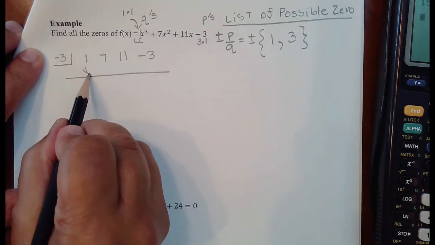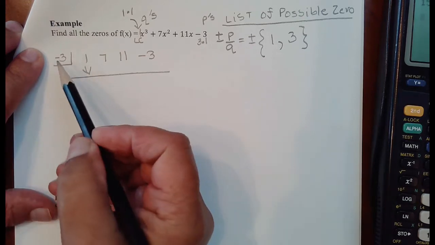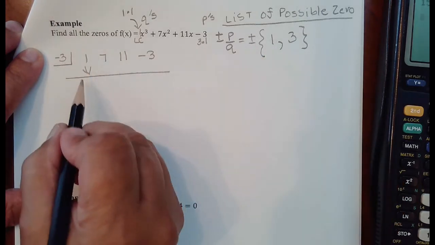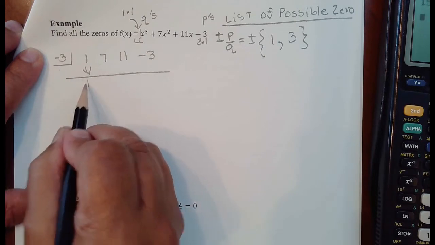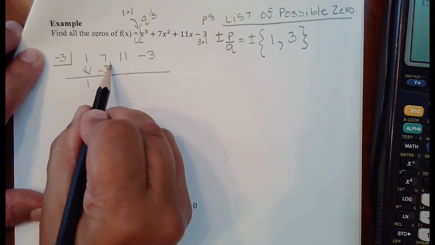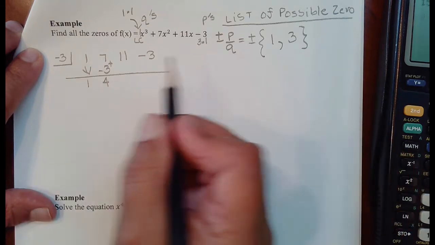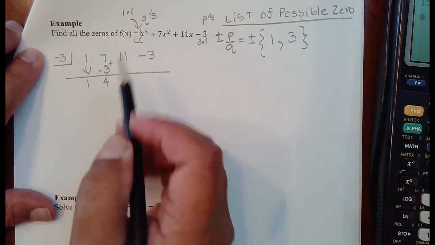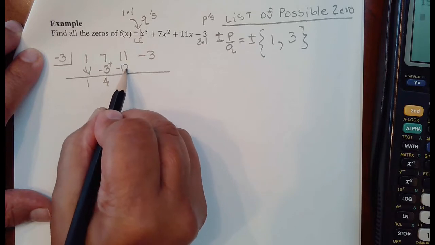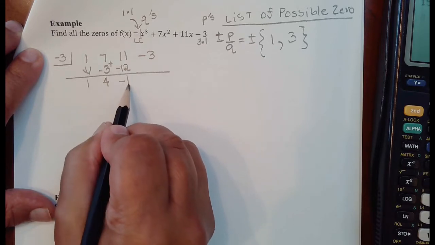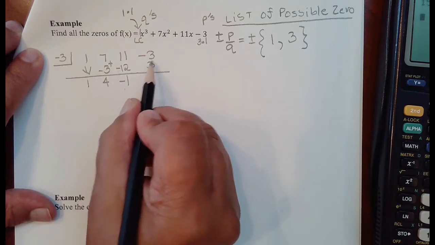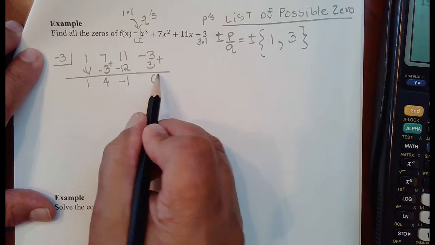Okay, the graph gave me a hint that that's going to work. I knew it had to be some number from in here. So bring this down. -3 times 1 is -3. Add these up. We already know this is going to zero out, otherwise it wouldn't have appeared as an x-intercept. 4 times -3 is -12. Add these up. You get -1. This times this is 3. And there you go, zeroing out.